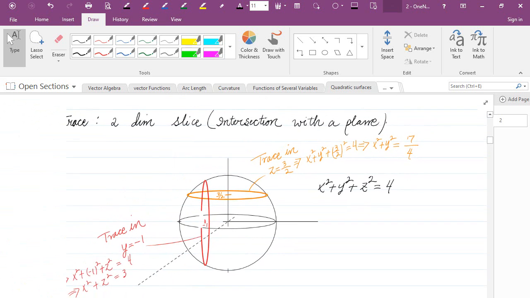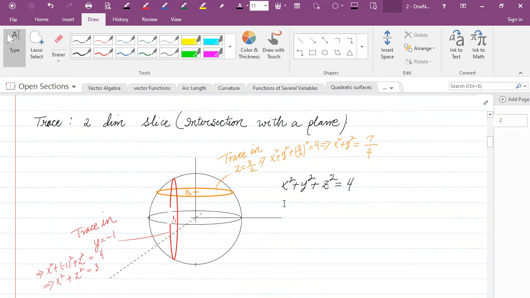So the trace of the sphere, or the graph of this equation, in the plane z is equal to 3/2 is a circle of radius root of 7/4, centered at the point 0, 0, 3/2, because z is 3/2.